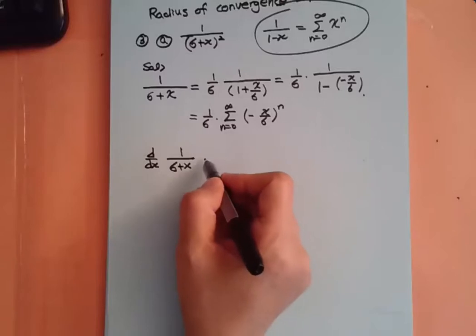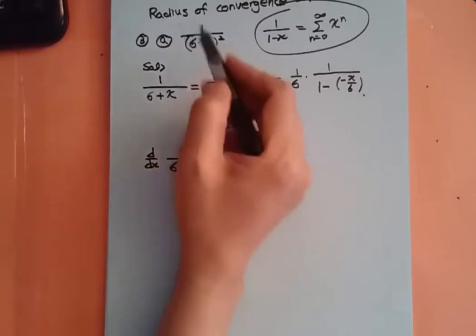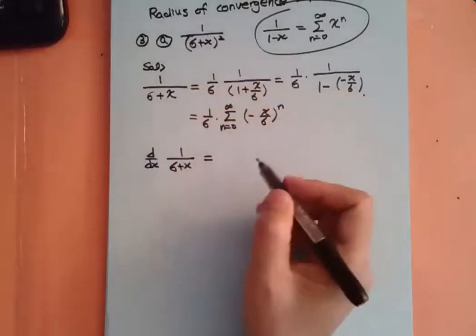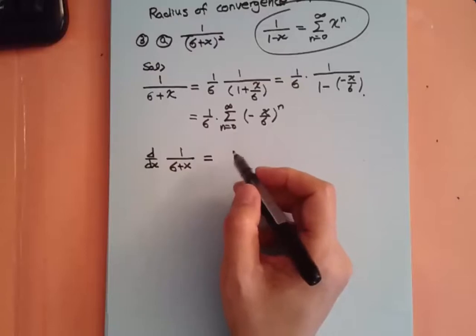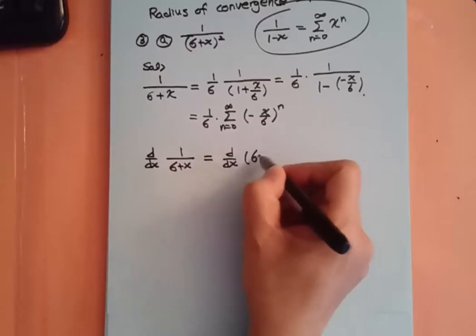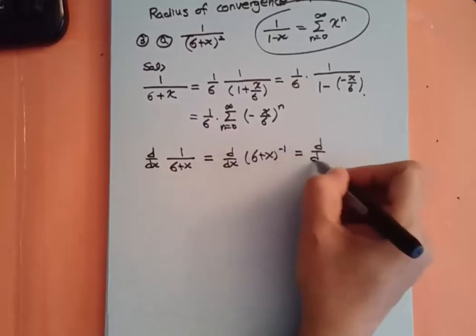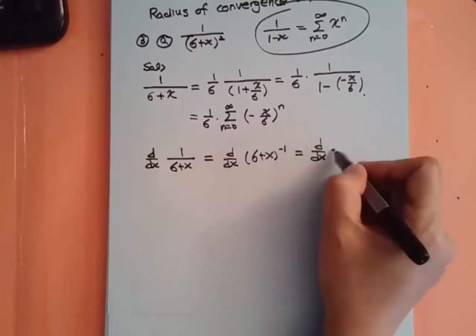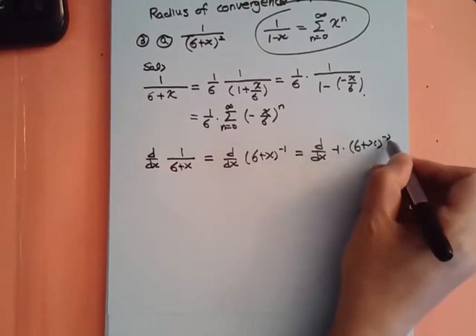Then I said we want to relate the derivative of this one with this function. So let's consider the derivative of this one. Derivative of this one is of course d/dx of 6 plus x to the negative 1, which is negative 1 times 6 plus x to the negative 2 power.